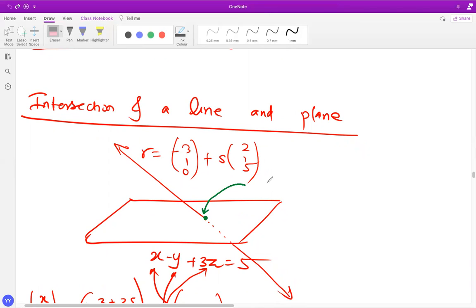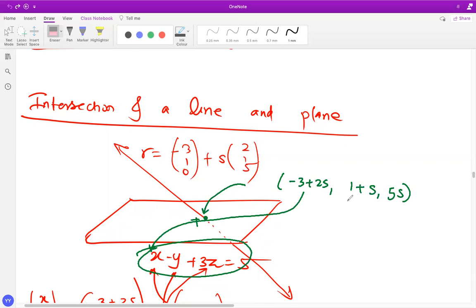If I take the point as T, its position vector will be (-3+2s, 1+s, 5s). What is really interesting is that this intersection point also lies on the plane. So if I put x as this, y as this, and z as this, I get the value of s.